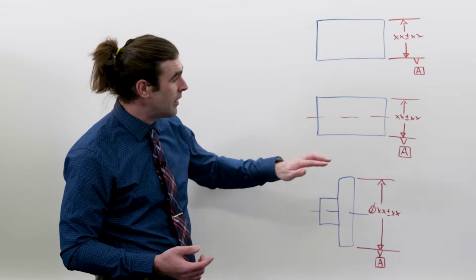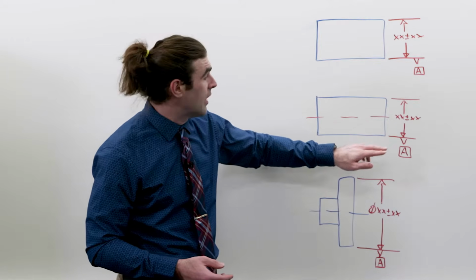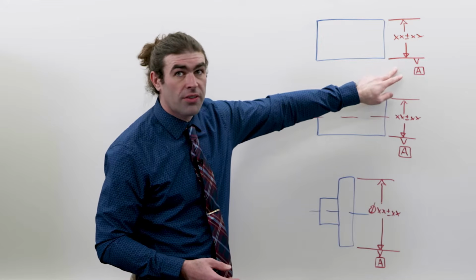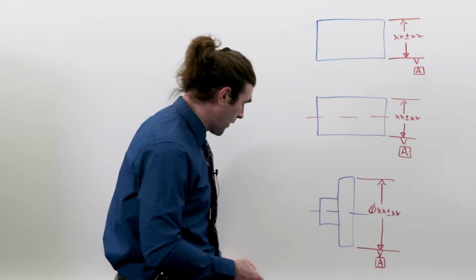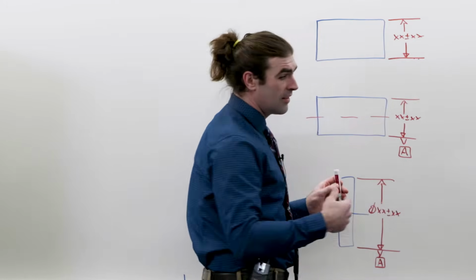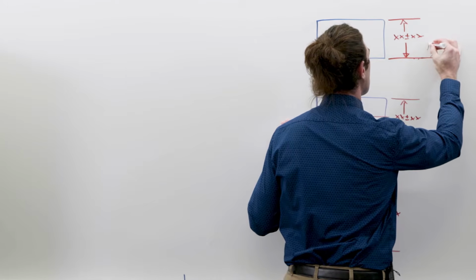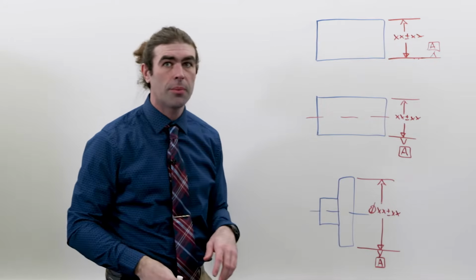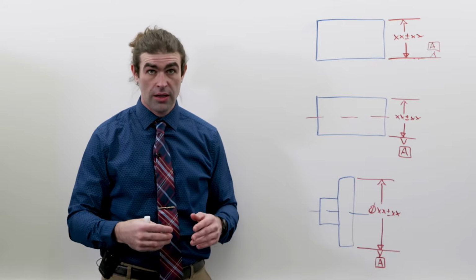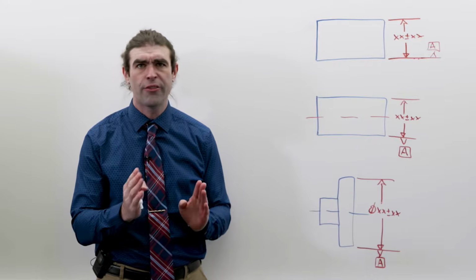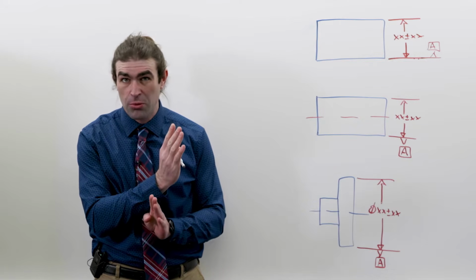Now, I recommend if you're making drawings and you want it to be a surface datum, take your datum feature symbol and just flip it upside down. That way there's no guesswork involved, right? Often when you're changing drawings, things can kind of just move on you.